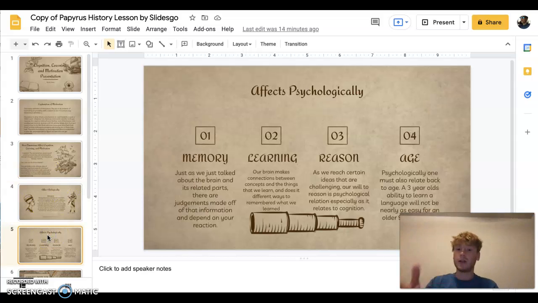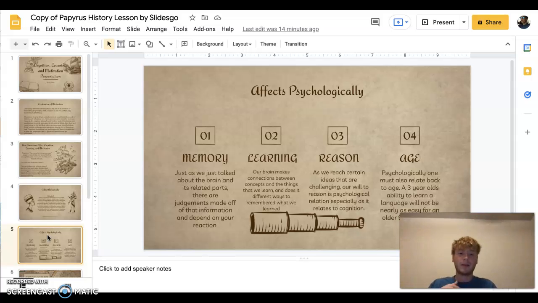So then we move on to the effects psychologically. There's four main ones that I wanted to focus on here, which are memory, learning, reason, and age, which you can see listed on the presentation here. First off, memory. Just as we talked about in the last one, memory is affected through the hippocampus and the amygdala. Sorry, I said it wrong again, probably.